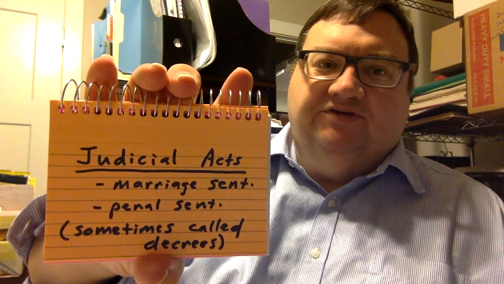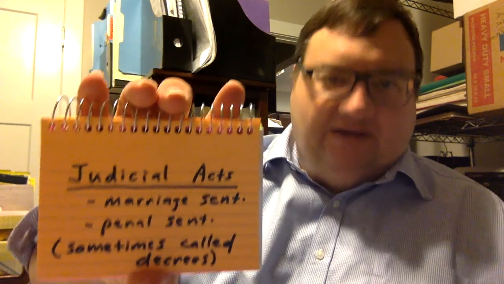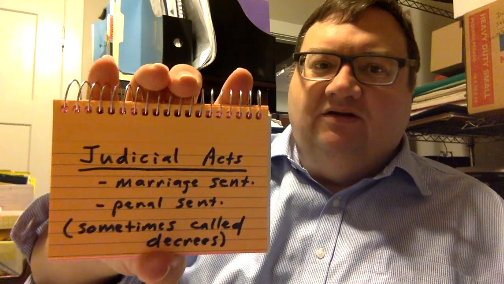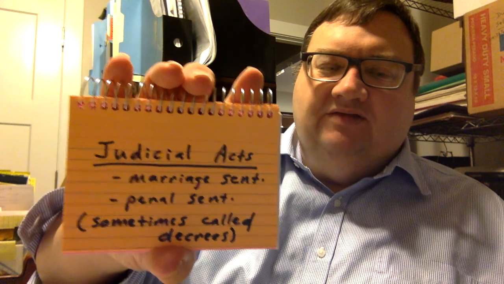You may have noticed already in our short time together, the word decree has been used a lot, and it seems to mean something different every time it comes up. The classical, most specific understanding of decree is an administrative or executive measure. I think we'd be better off if tribunals stuck to the word sentence, but they don't. We're just in this boat together. Sometimes they call them decrees.